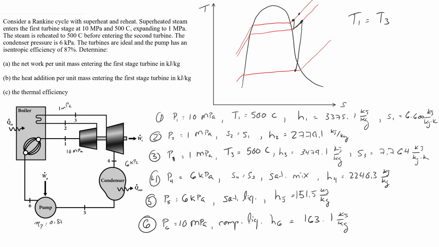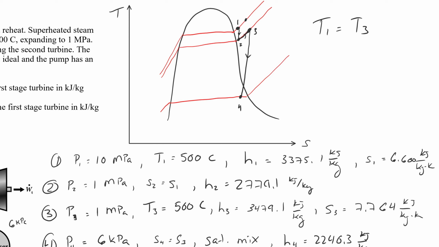And then we come down to 4, which is our saturated mixture. Then we're going to cool in the condenser over to 5. And finally in the pump we're going to compress all the way up to 6 at my highest pressure, 10 megapascals.